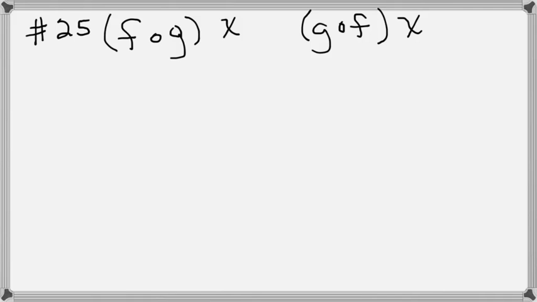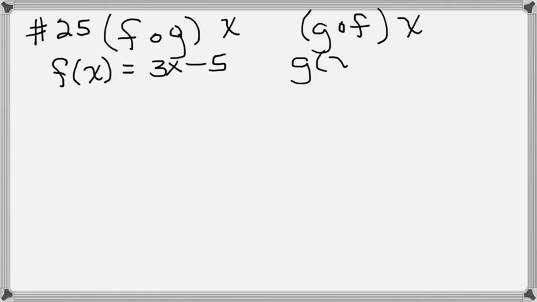We're going to do f of x. No, wait. Let me rewrite that. F of x is going to be 3x minus 5. Notice we're still working with the same functions, and these functions will be given to you. You do not have to come up with these.